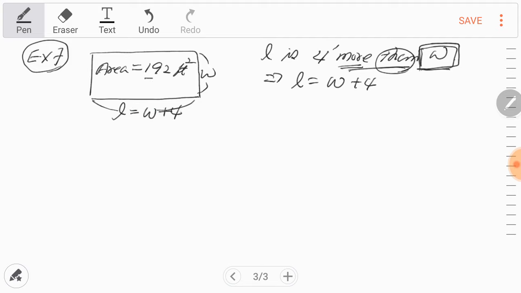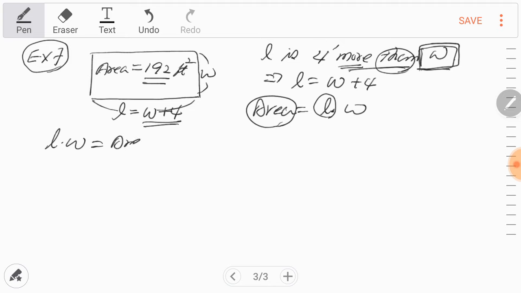And since the area is given, then we can use the area formula. The area formula is length times the width. So the value of the area is given, 192, and L times W. So L can be written in terms of W plus 4. So the area is 192. L times W is the area, and the length is W plus 4, and W is the width, and the area is 192.